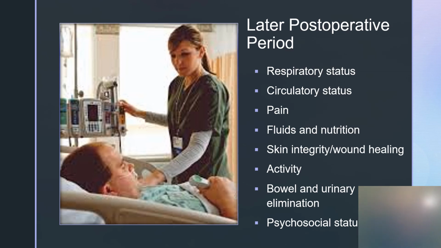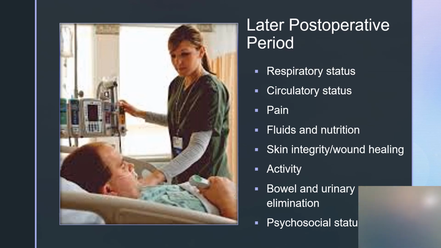We have to also do frequent position changes and advance the diet per orders. A paralytic ileus is those paralyzed intestines. So we see acute gastric dilatation, and that would be a stomach that is dilated with fluids.